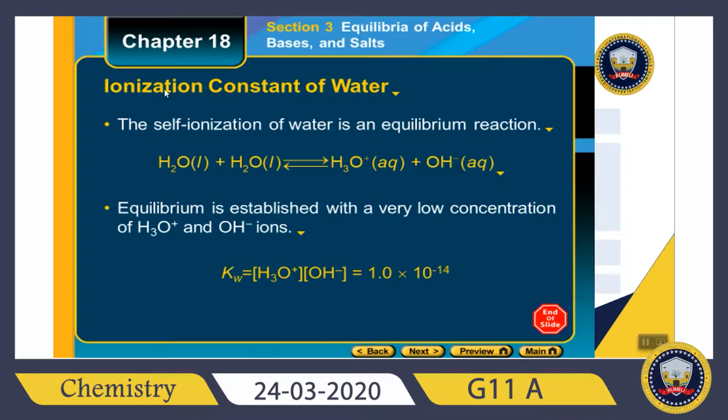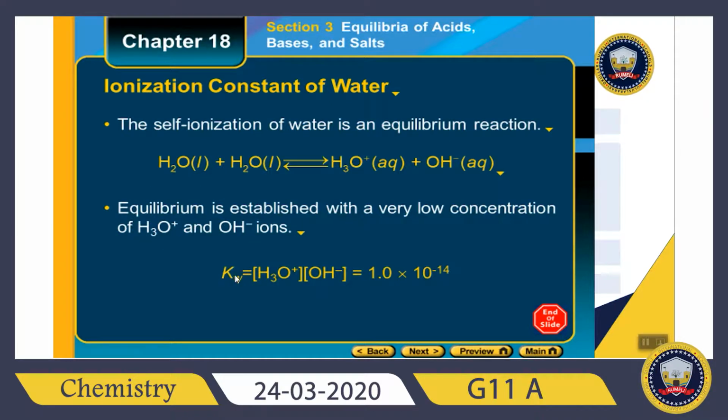Now, the ionization constant of water. The self-ionization of water is an equilibrium reaction. Why an equilibrium reaction? Because the concentration of H3O equals the concentration of OH, so there is no change in the pH. So the equilibrium is established with a very low concentration of hydronium ion and OH.